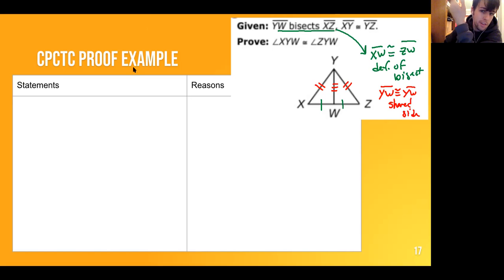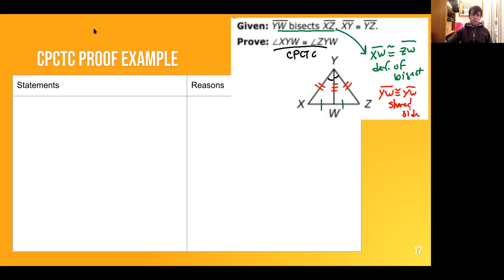Pretty much have everything we need here, right? We are trying to prove that angle XYW, which is right here, is congruent to ZYW. Yeah, these are just corresponding parts. So we'll be using CPCTC with that after we show that the two triangles here are congruent to each other.